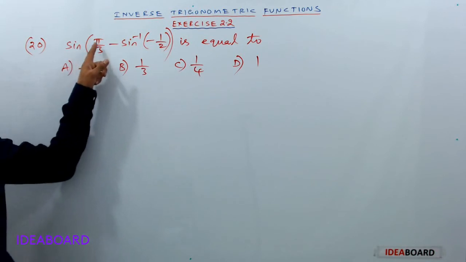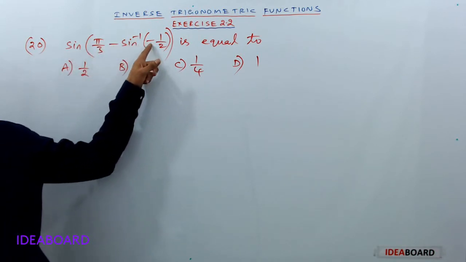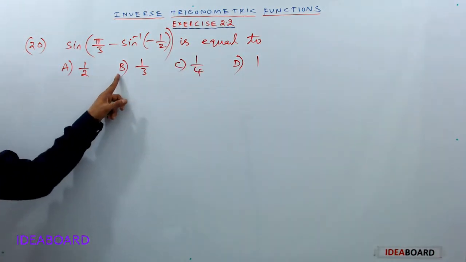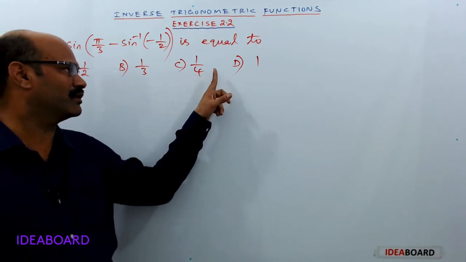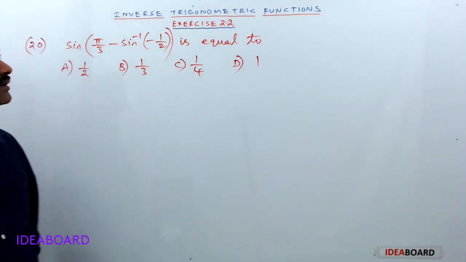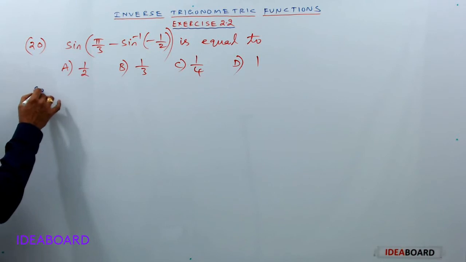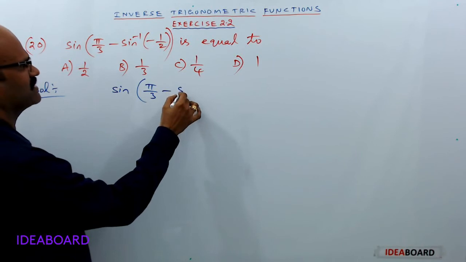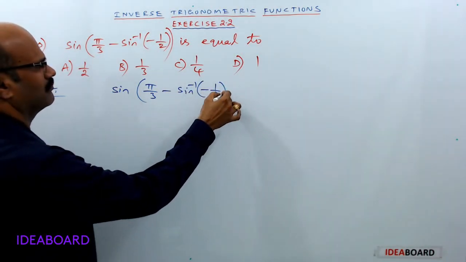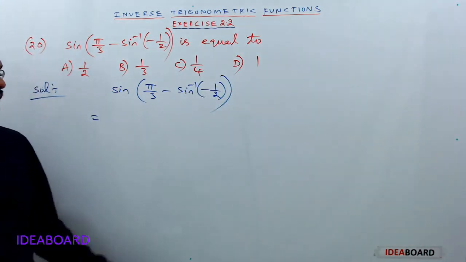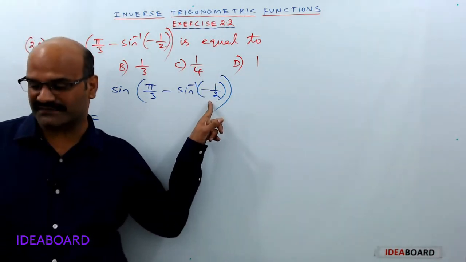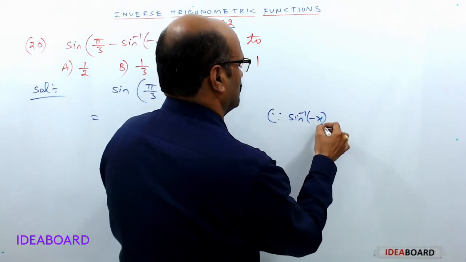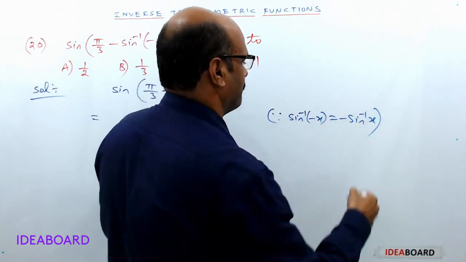Twentieth problem. Sine of pi by 3 minus sine inverse of minus 1 by 2 is equal to: option A 1 by 2, option B 1 by 3, option C 1 by 4, option D 1. Now take sine of pi by 3 minus sine inverse of minus 1 by 2, equal to, by the sine inverse of minus x formula, minus sine inverse x.